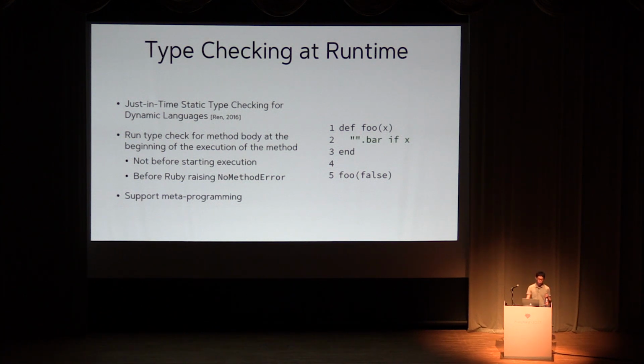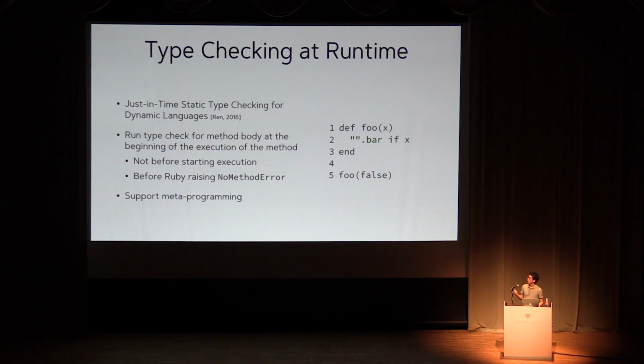The next one is, what if we relax the static requirements. There is a paper by the team of Diamondback Ruby. It is "Just-in-Time Static Type Checking for Dynamic Languages". It was published at PLDI last year.